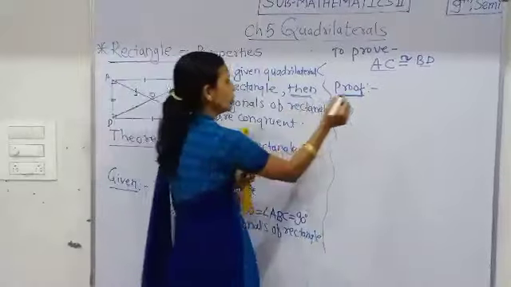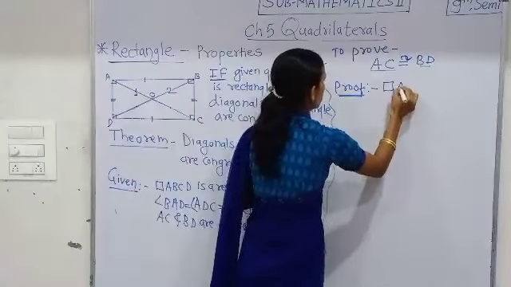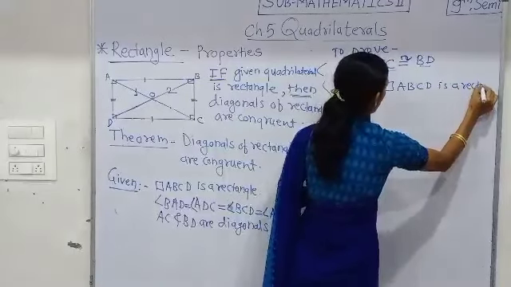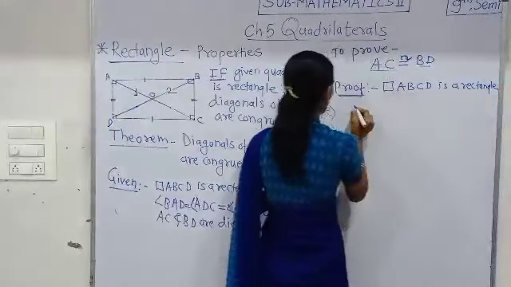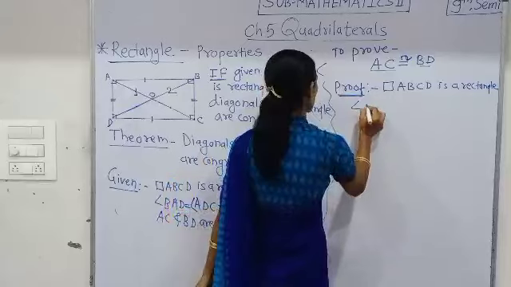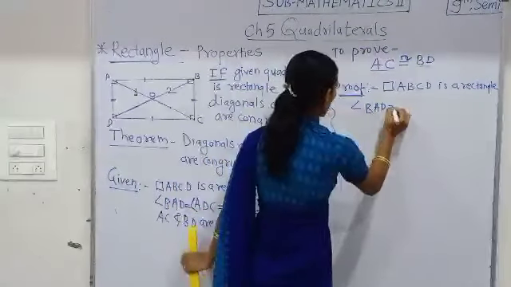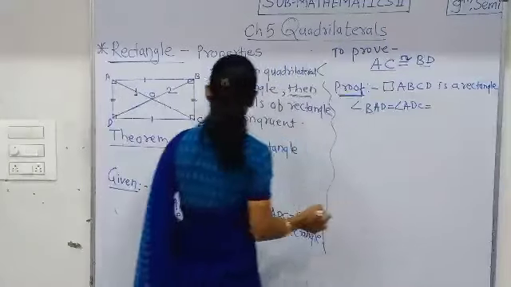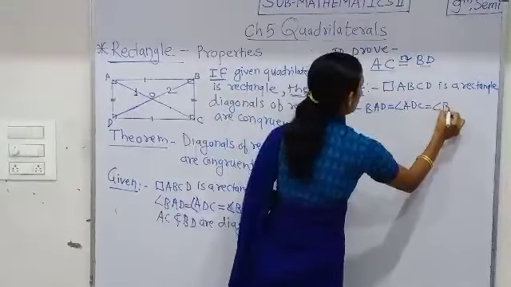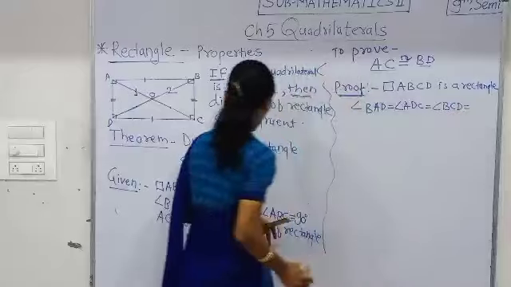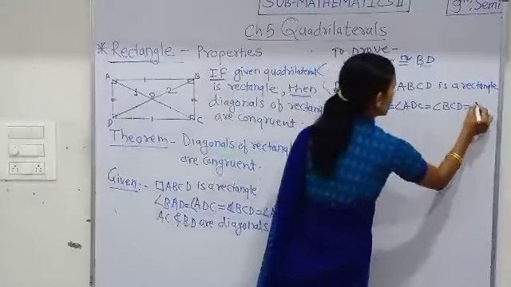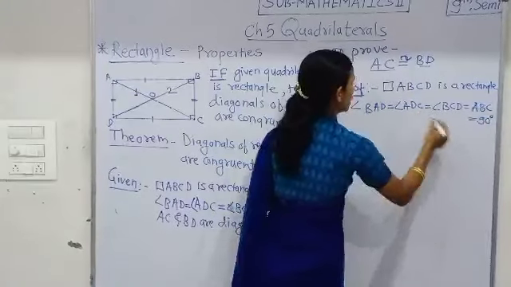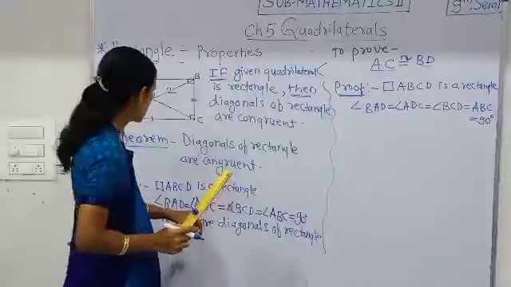Then first of all we have to write, quadrilateral ABCD is a rectangle. Therefore, angle BAD is equal to angle ADC is equal to angle BCD is equal to angle ABC is equal to 90 degrees. That is the given, isn't it?